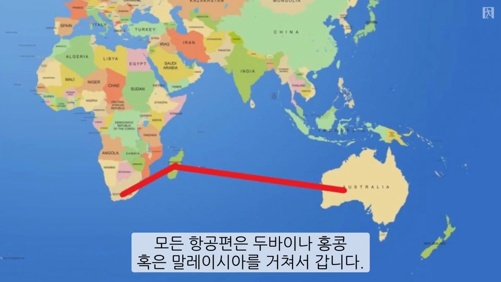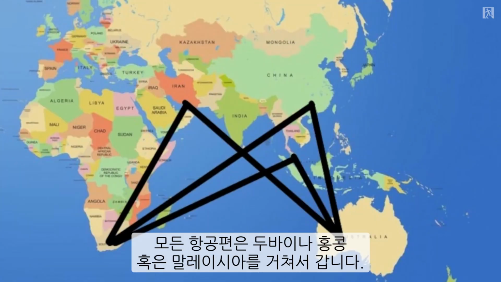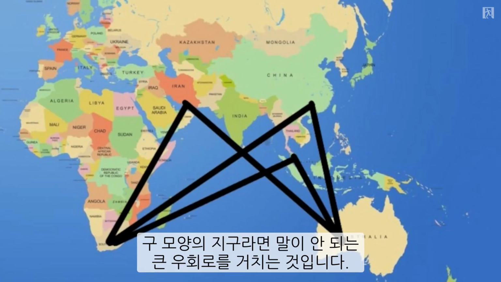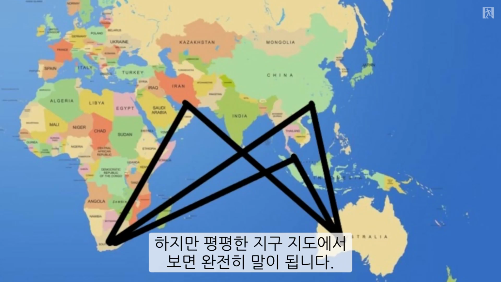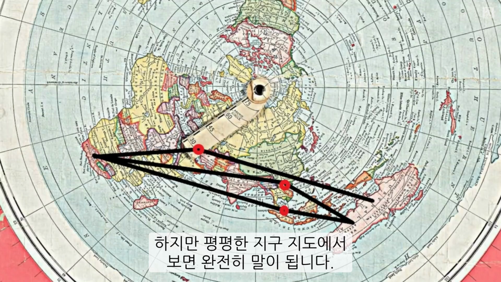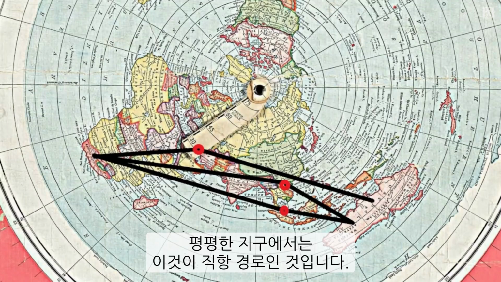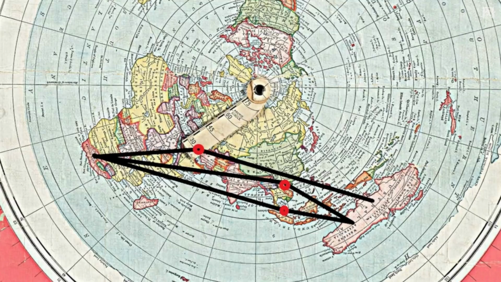They all stop off at Dubai, Hong Kong, or Malaysia. A huge detour that makes no sense on a globe, but makes complete sense when looking at a flat Earth map. It's the direct flight path on flat Earth.